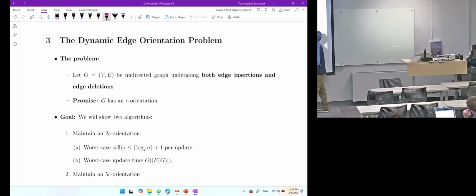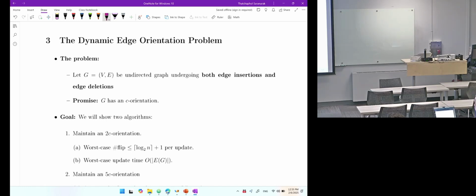But I promise to you that at any time the graph has a C orientation. Think like a planar graph is updated. As long as your graph is planar, there exists a 6 orientation, for example. So this is like some promise that you can have. Okay.